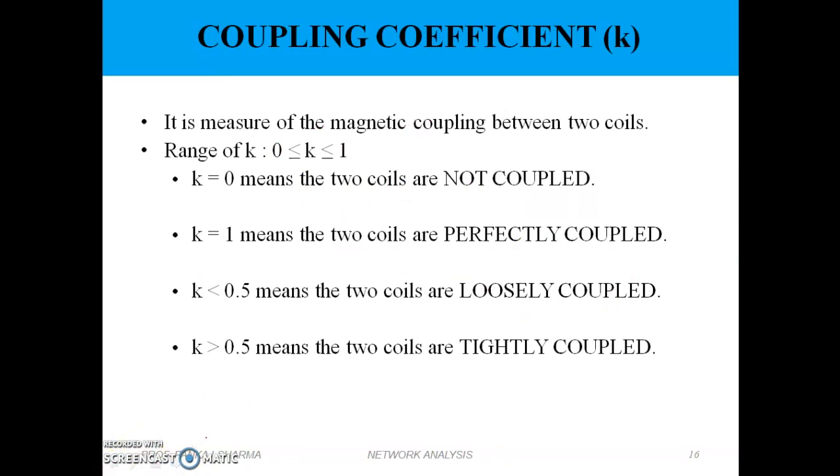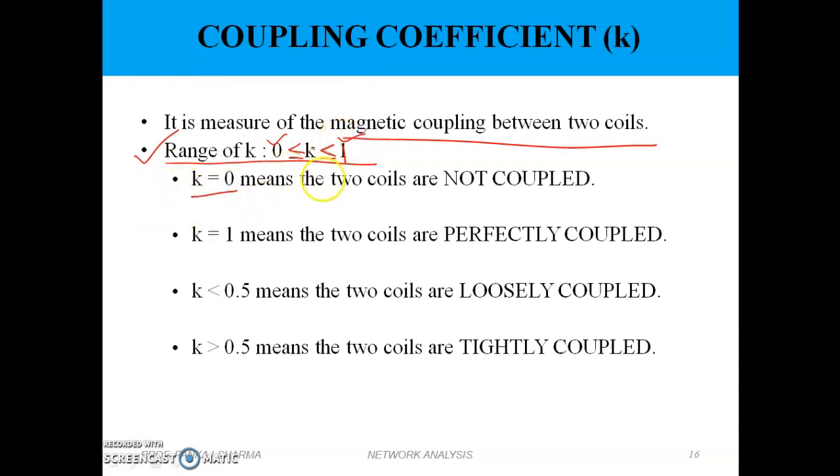Now, coupling coefficient K. It is a measure of the magnetic coupling between any two coils. The range of K is greater than or equal to 0 and less than or equal to 1. It means the minimum value is 0 and the maximum value is 1.